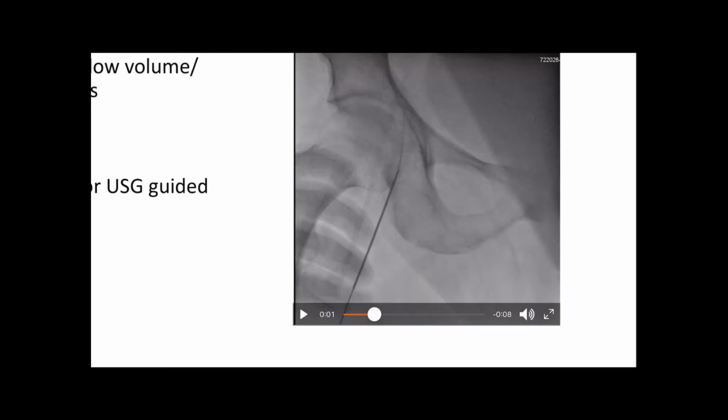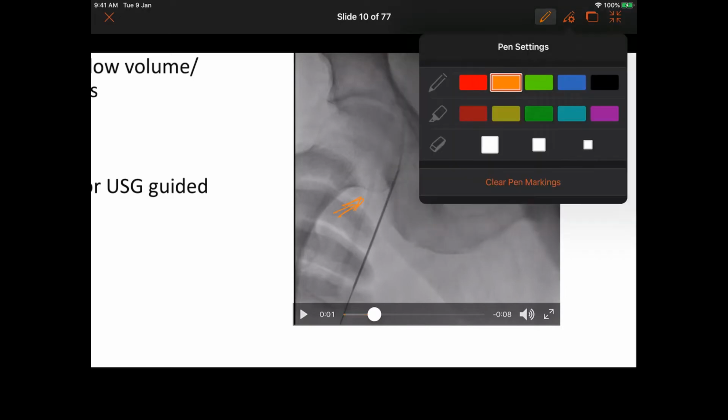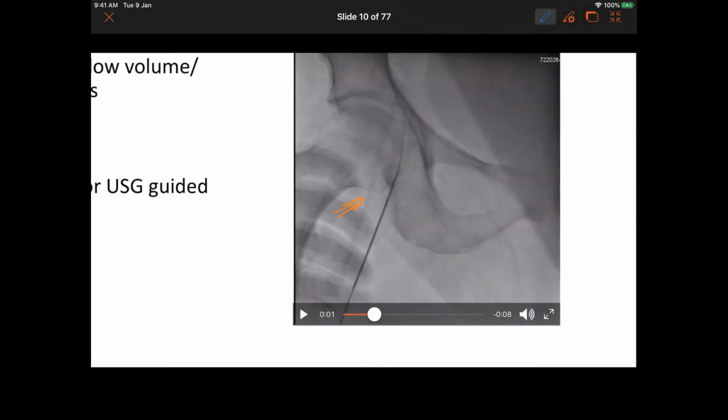So in this case, arterial and venous access was needed. The first access being tried was a venous access, and you can note here this is the sheath inside. You can see here the orientation of the sheath is very medial, and if I draw it further, the direction of the vein, I said, is aligned with the inner border of the head of the femur.